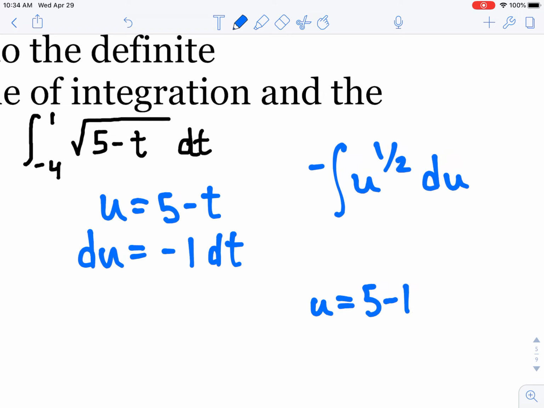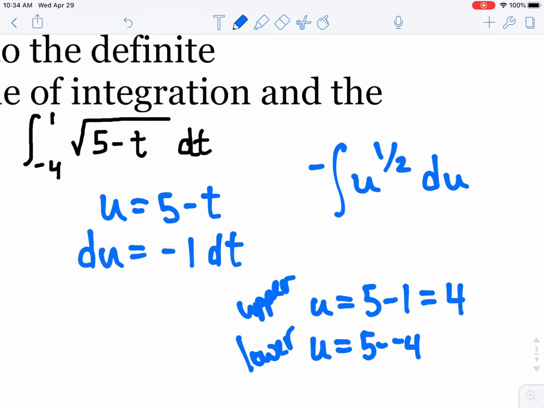So if I kept the variable u, my upper limit would be 4. And then my lower limit would be 5 minus -4, which would be 9.